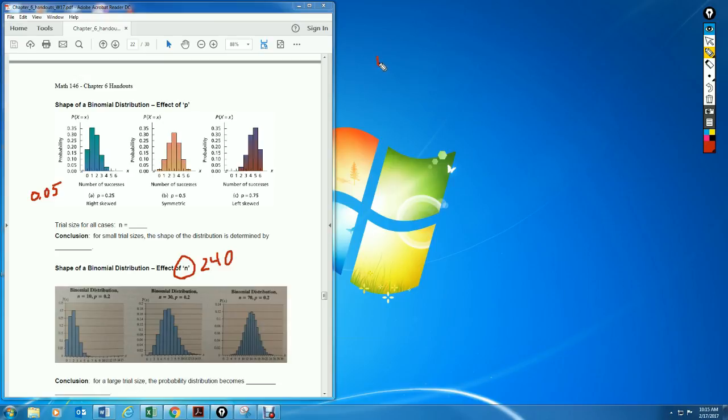So we have to consider both of these effects. In this case, if we calculate n times p times 1 minus p, so then we have 240 times 0.05 times 0.95, and if you multiply all that out, we get 11.4.